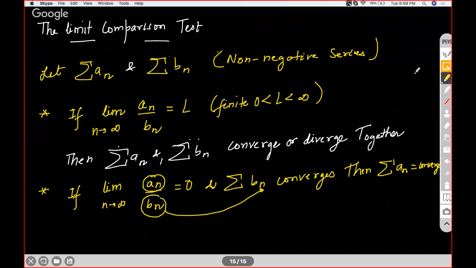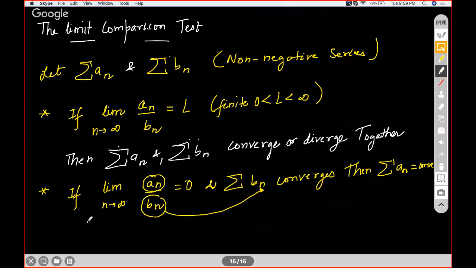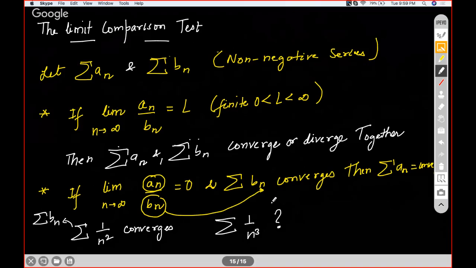I'll show you an example of this. Let's say I ask you summation 1 by n square, and if I know that this converges, what can you comment about summation 1 by n cube? So this is your summation bn. This is your summation an.